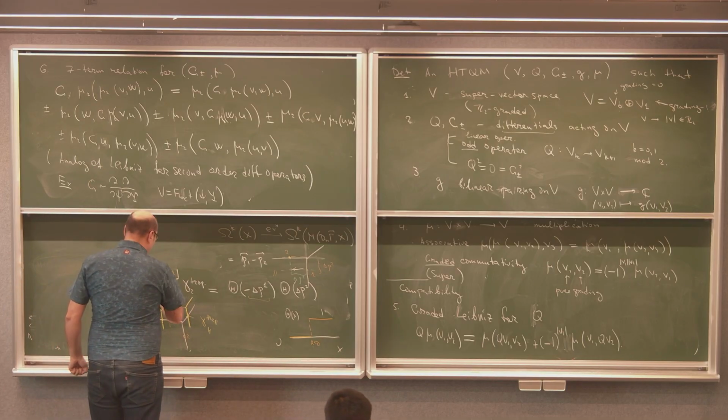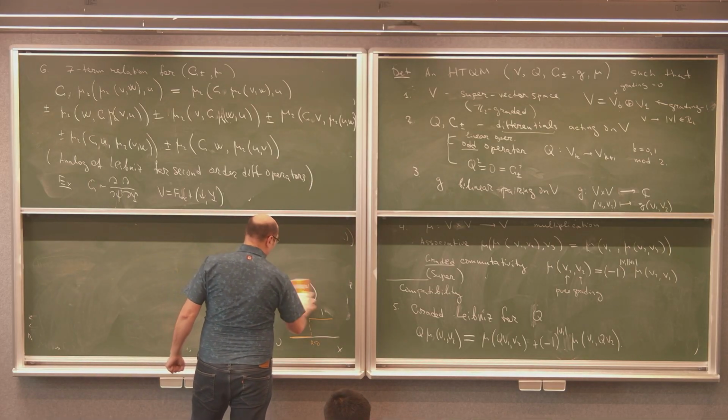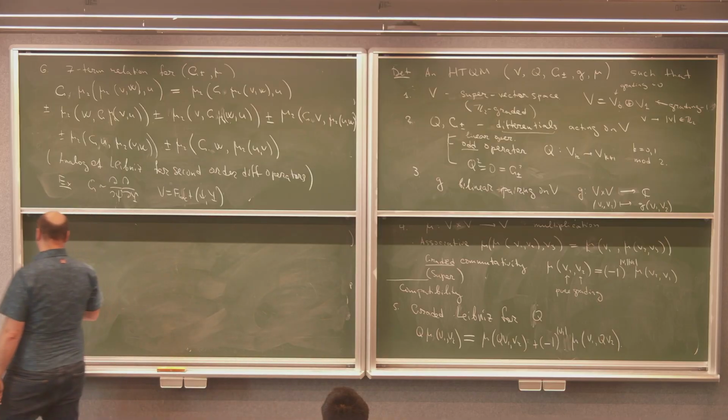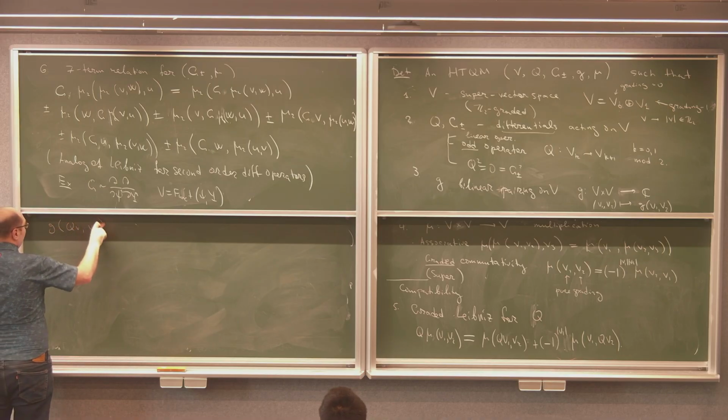Okay, so now the next step is the compatibility condition between pairing and differential. So what would happen if I act with the differential on the first argument?